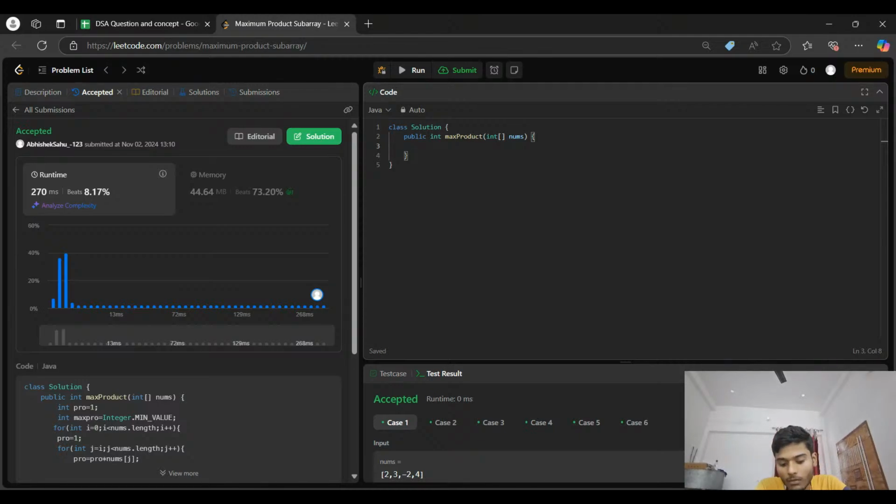Because there are negative numbers, and zero also exists. If the count of negative numbers in the array is odd, we remove either the first negative element or the last negative element.